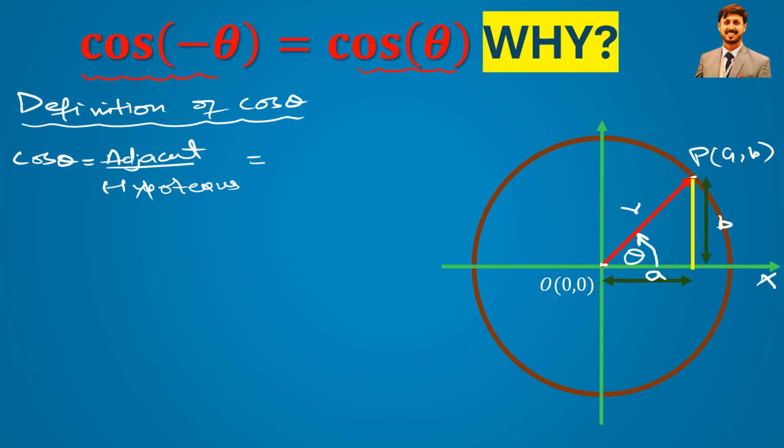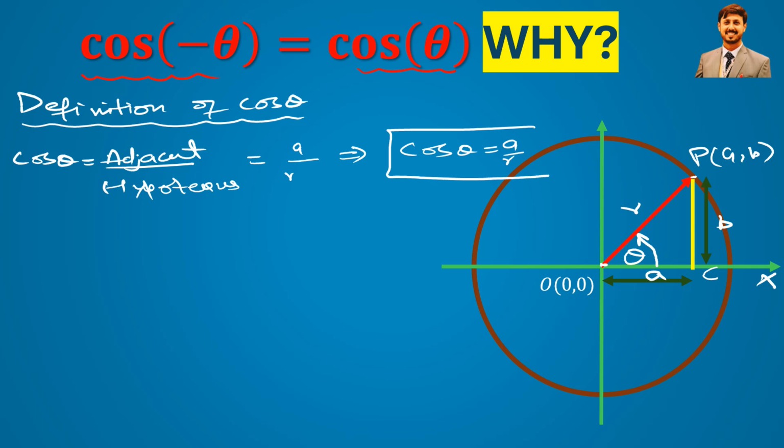So the adjacent is A and the hypotenuse is the radius of the circle, R. From here we get cos theta equals A divided by R.